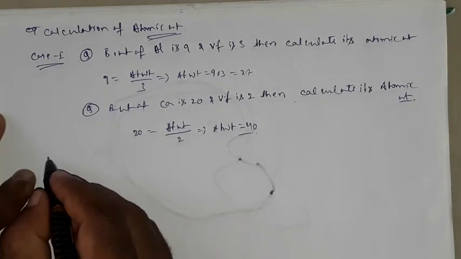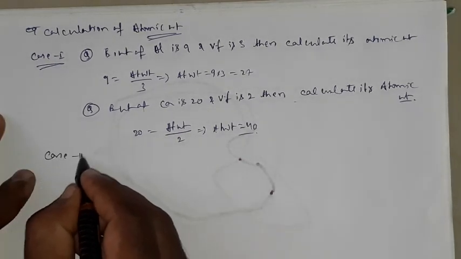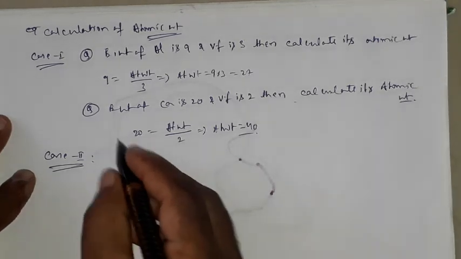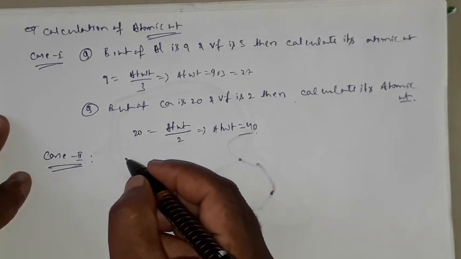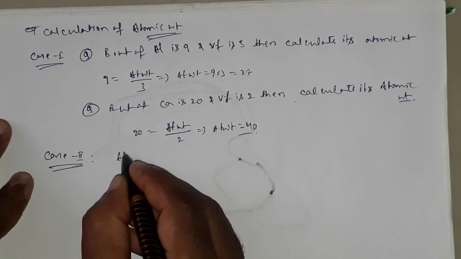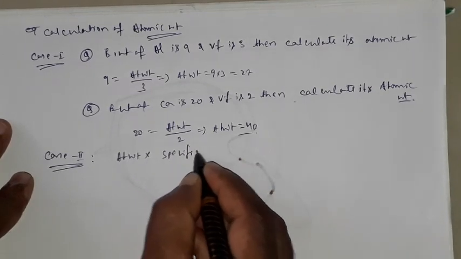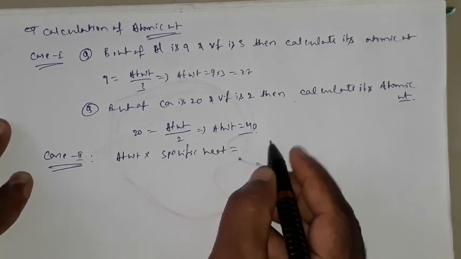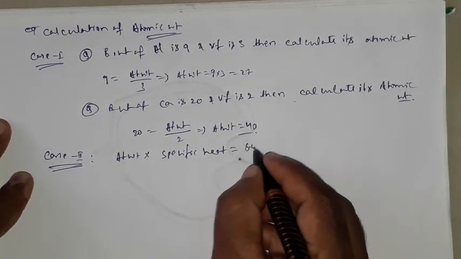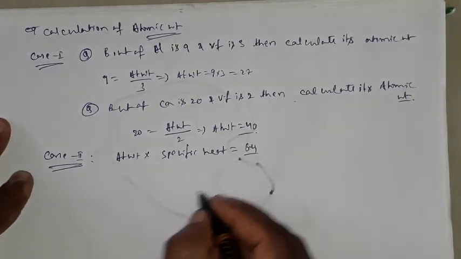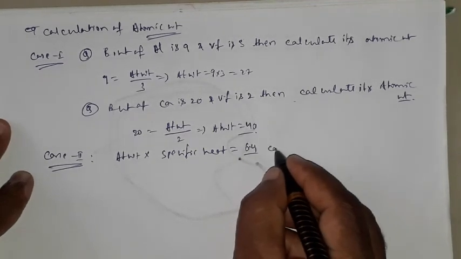Case 2: atomic weight into specific heat equals 6.4 calories per gram.